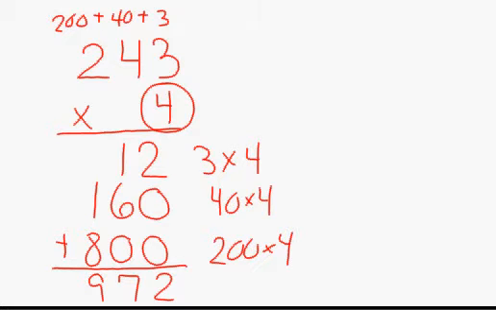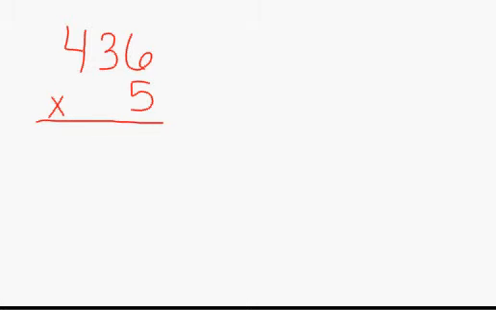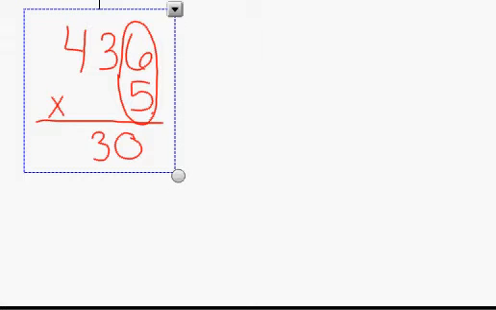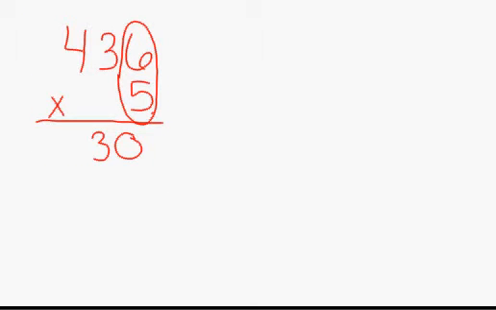All right, so let's try one more. Okay, so similar kind of problem. 436 times 5. So let's start here. 5 times 6 is 30. Then we're going to move on to the 3. But the 3 is really not a 3.